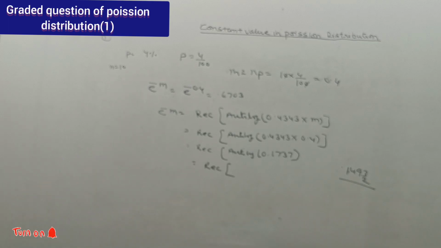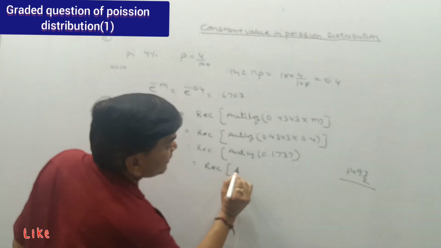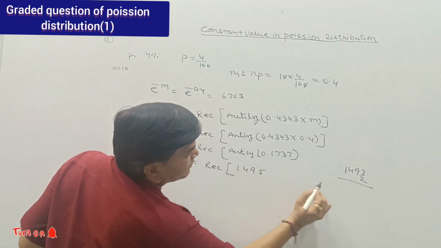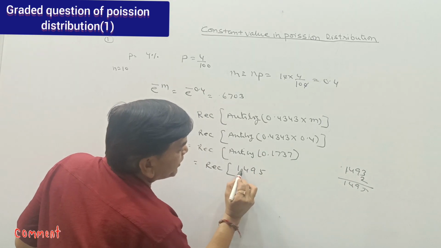So that is 1495, and the decimal point will be here.